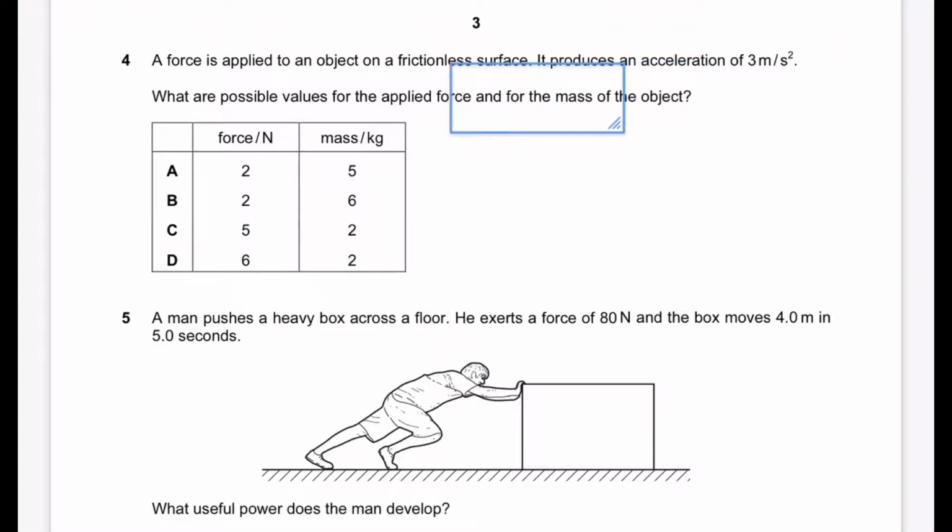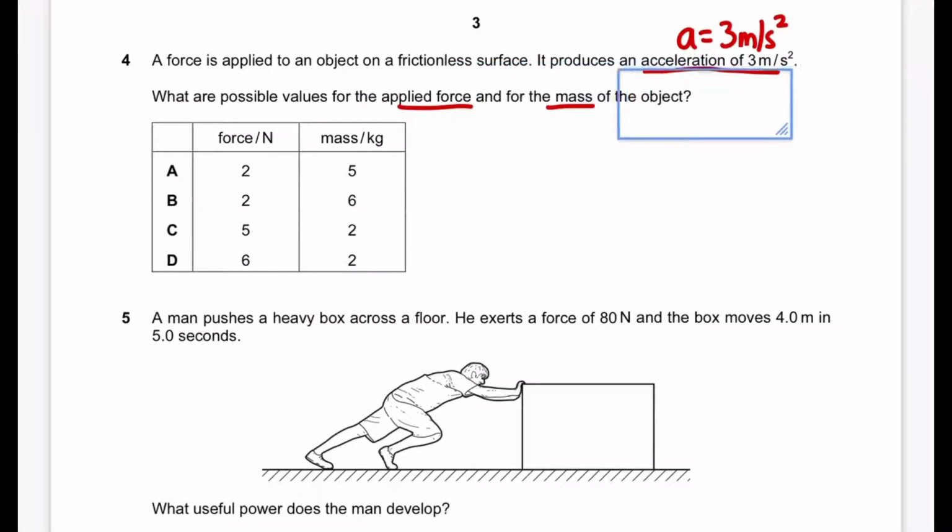Here we have 3 variables. The first one is acceleration of 3 meter per second square. Let me rewrite it in the equation form: A is equal to 3 meter per second square. Second and third variable in this question is the applied force and the mass.